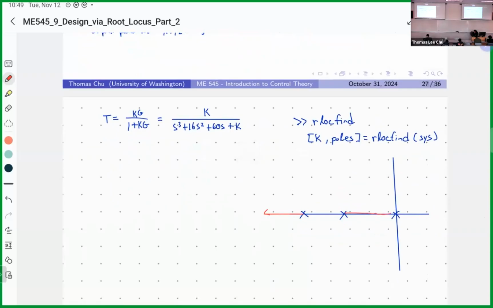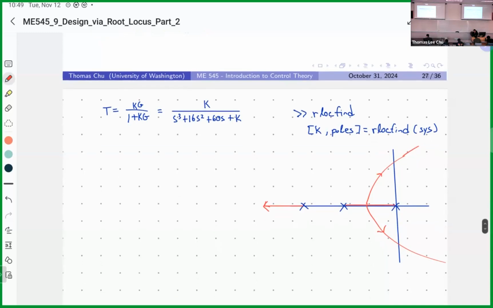We follow the real axis segment rules, and then we have a breakaway point with asymptotes at 60, -60 degrees, and 180 degrees. So that's our root locus. We know that there's always going to be a real pole and a pair of complex conjugate poles using my root locus here. So if I were to rewrite this equation, it would be like this.